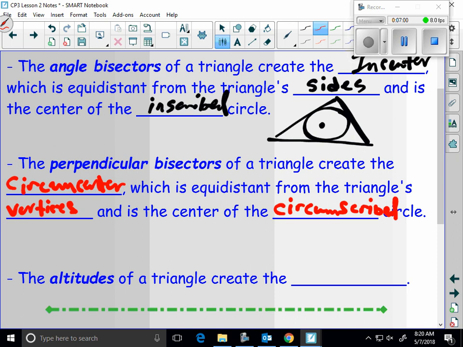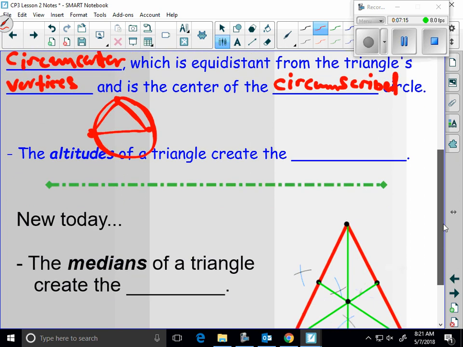What that means is a triangle with the circle around it. Remember that? I'm very good at drawing triangles with circles around them. And then the altitudes, of course, like we know, they create the orthocenter.